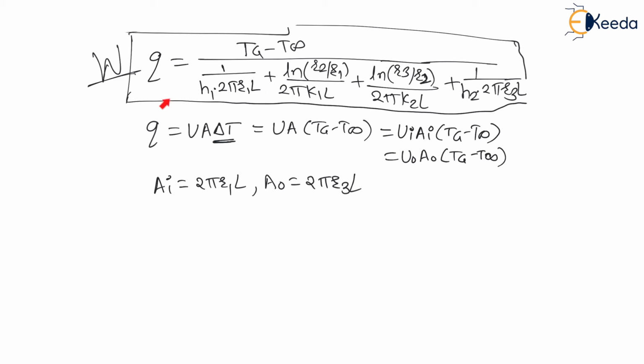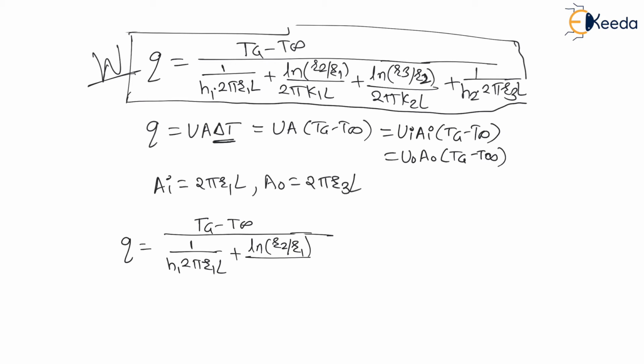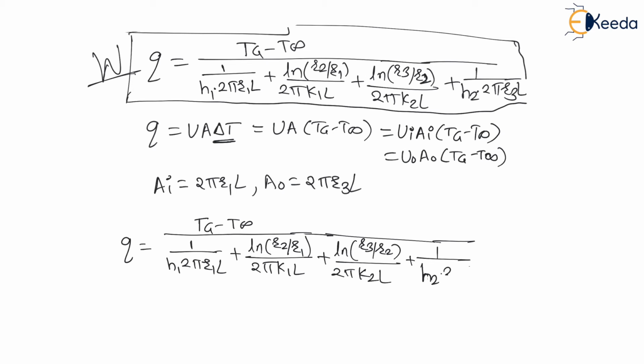Now, my dear students, if we equate all these equations, then Q will be equal to Tg minus T infinity whole divided by 1 upon H1 2 pi R1 L plus ln of R2 divided by R1 whole divided by 2 pi K1 L plus ln of R3 divided by R2 divided by 2 pi K2 L plus 1 upon H2 into 2 pi R3 L, again in watt.